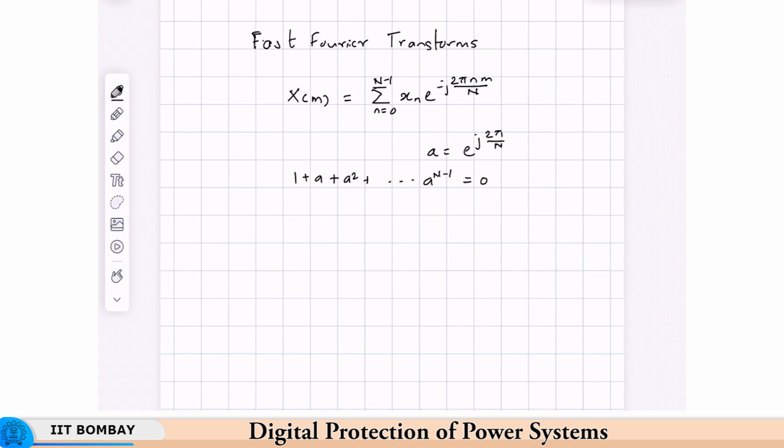Since now this expression can be written in terms of A as x of m is equal to sigma n is equal to 0 to n minus 1 x of n A inverse, since there is a minus sign there, raised to m n.